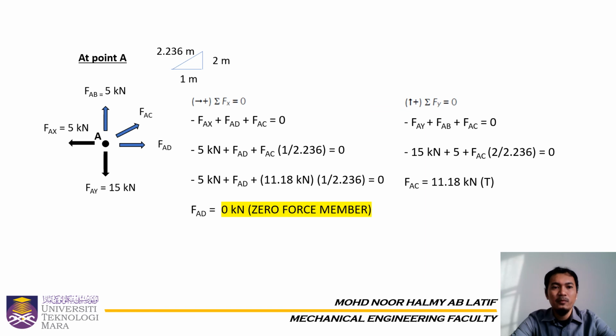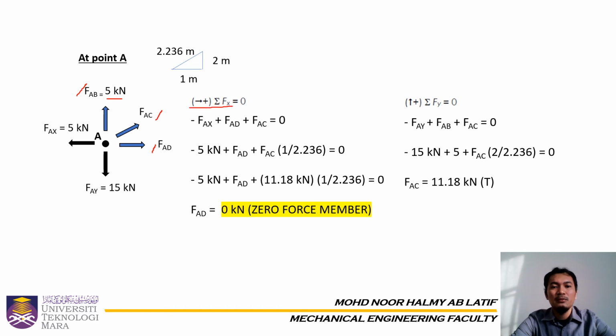Next, we move to point A, where we have three unknowns, which are FAD, FAC, and FAB. However, we already found the value of FAB, which is equal to 5 kilonewton, so it leaves us with only two unknowns. Here, FAC is at a certain angle, which we can find by using trigonometry.